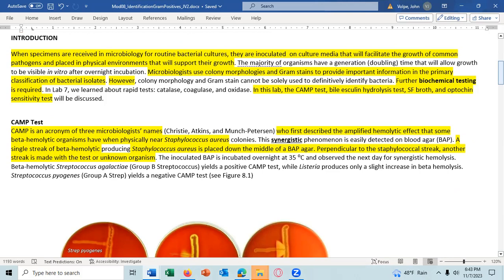Microbiologists use colony morphology and gram stain to provide important initial information in the primary classification of a bacterial isolate. However, further biochemical testing is required. In this lab, the CAMP test, the bile esculin hydrolysis test, the SF broth test, and the optochin sensitivity test will be discussed.